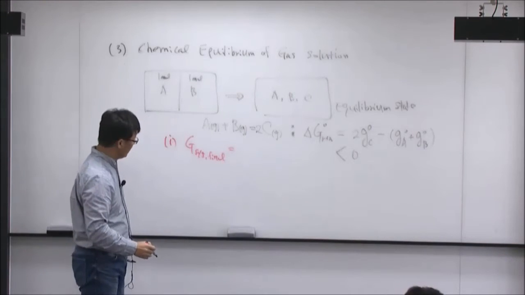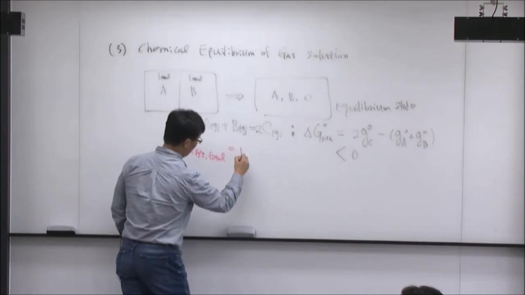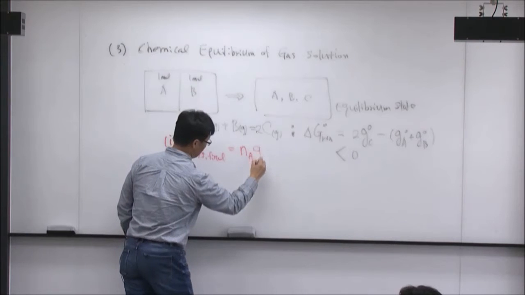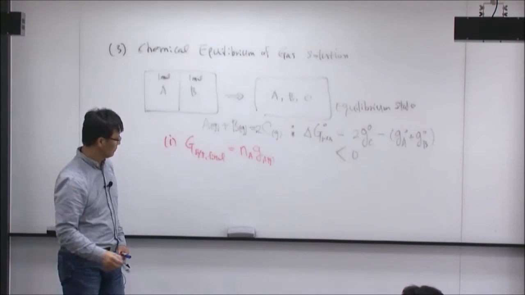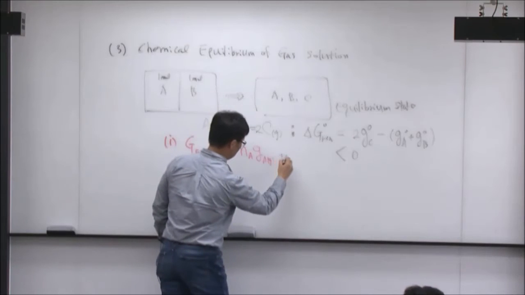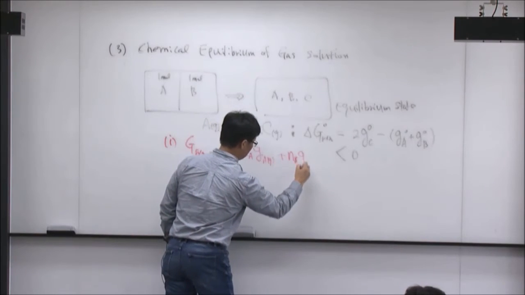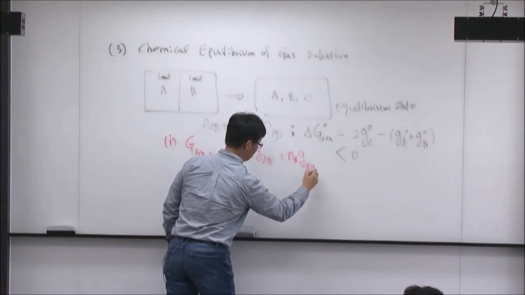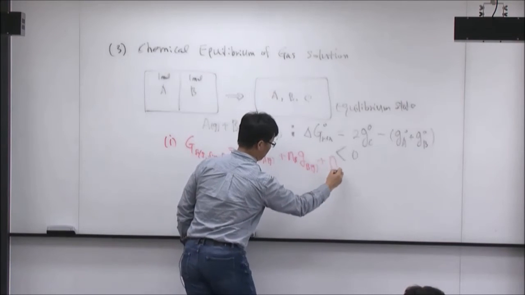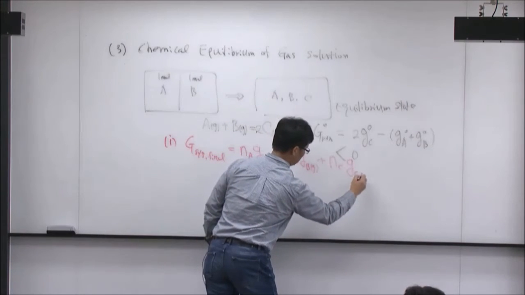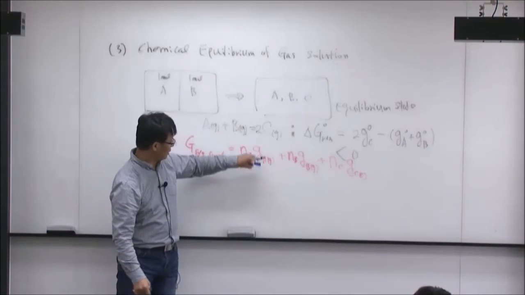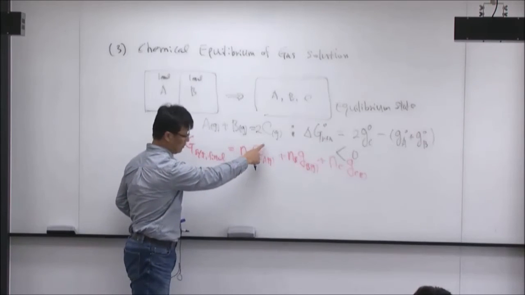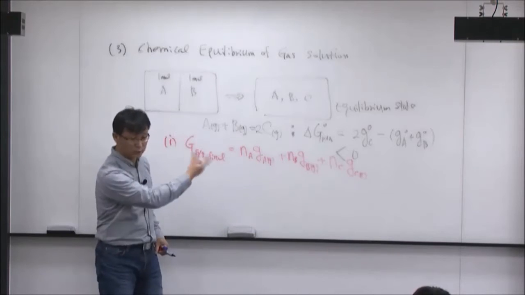can be defined as the number of moles of the A phase times the Gibbs energy of A, plus the number of moles of the B phase times the Gibbs energy of B, plus the number of moles of C times the Gibbs energy of C. And I didn't say these A, B, C are pure phases because they're not, it's a solution there.